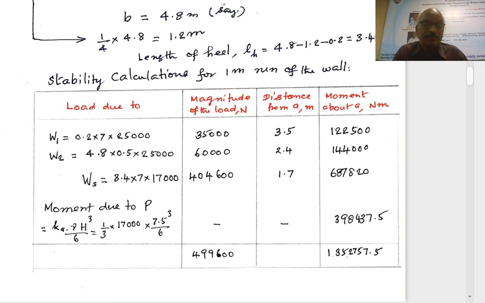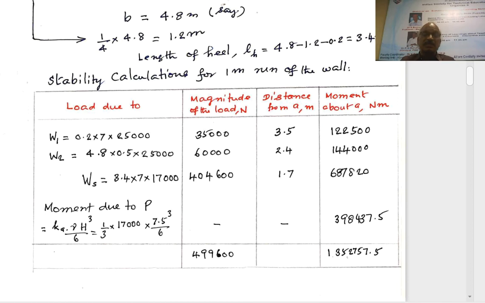Newton meter. So the moment due to pressure is equal to Ka into gamma into capital H cube by 6. So that is 1/3 of 17,000 into, Ka is 1 by 3, 7.5 cube by 6.